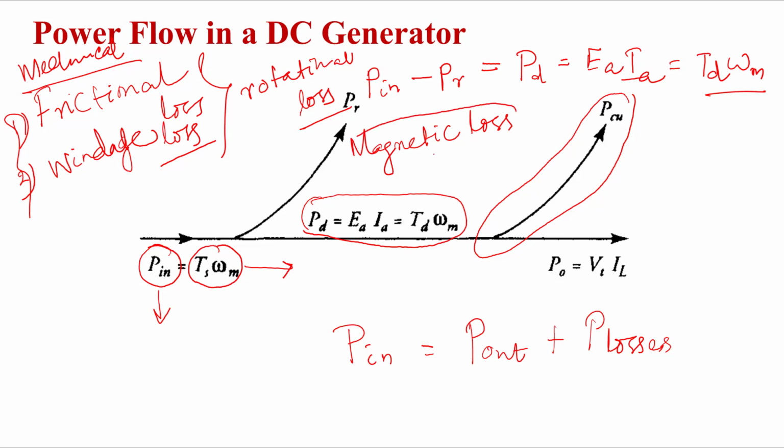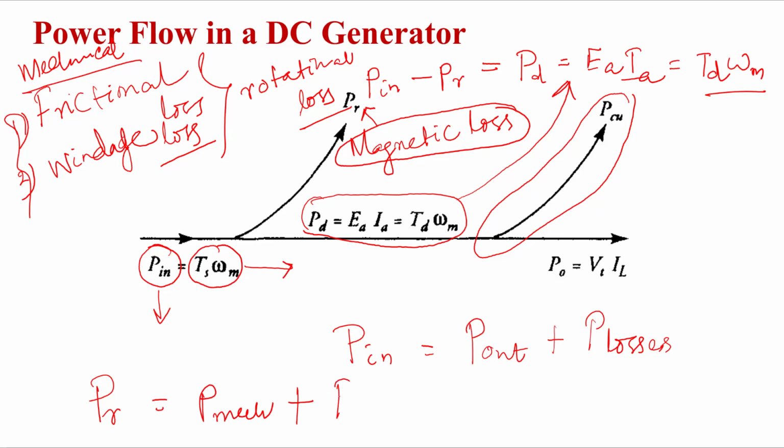This magnetic loss is incorporated in this rotational loss as well, because after the magnetic loss only we will have this developed power, PD. So that means I can write here PR is equal to P mechanical plus P magnetic.